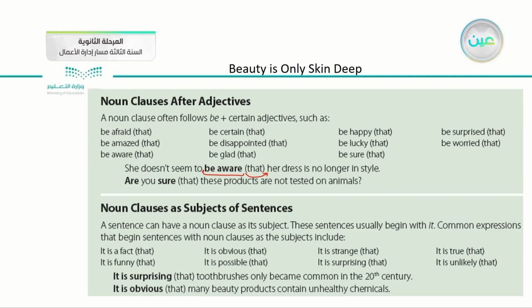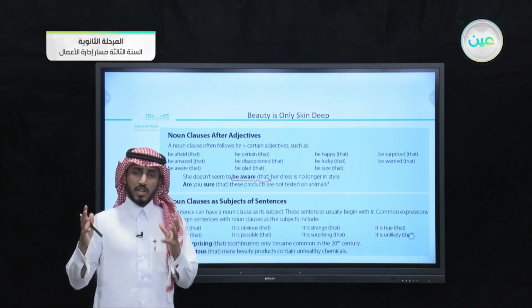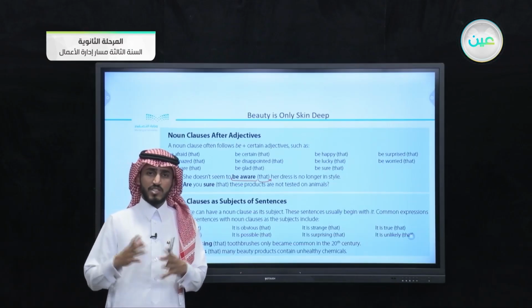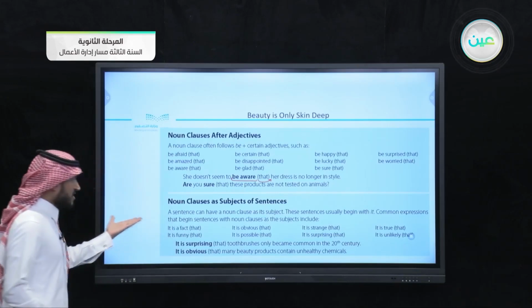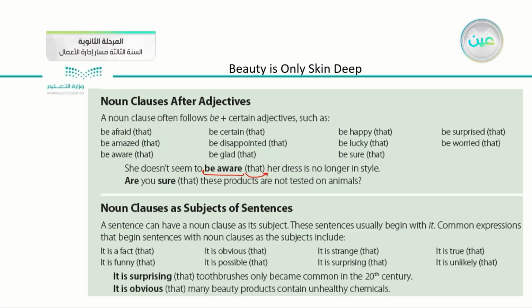The third situation where we use the noun clause is as subjects of sentences. Noun clauses sometimes come at the beginning of the sentence. A sentence can have a noun clause as its subject. These sentences usually begin with "it."